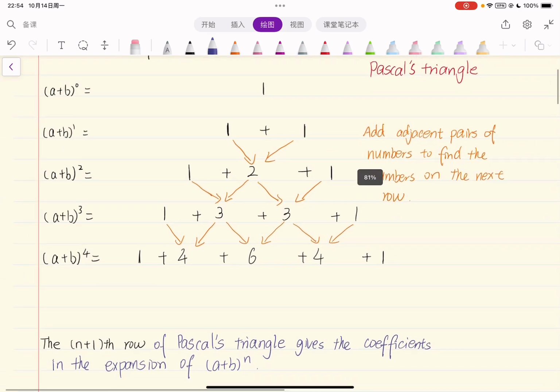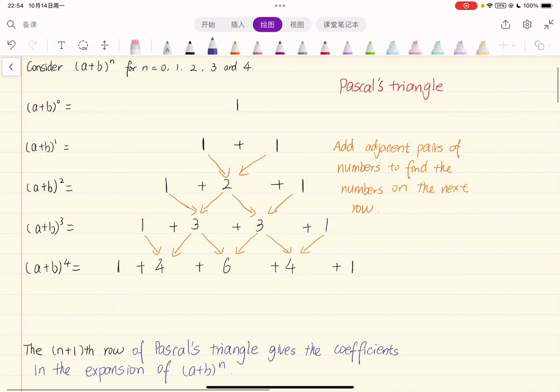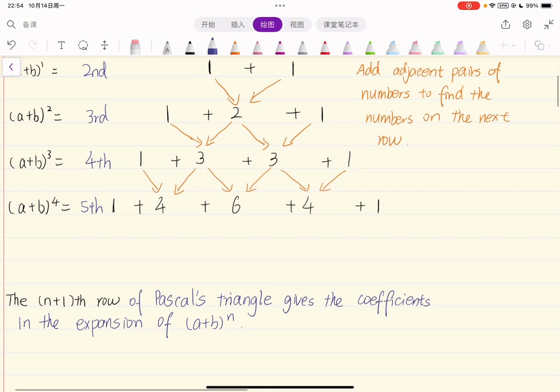So you can see that here is the first row, here is second, here is third, here is fourth, here is fifth. So in the fifth row, you have the coefficients of the expansion of (a + b) to the power of 4. So you can get the rule that the (n + 1)th row of Pascal's triangle gives the coefficients in the expansion of (a + b) to the power of n.